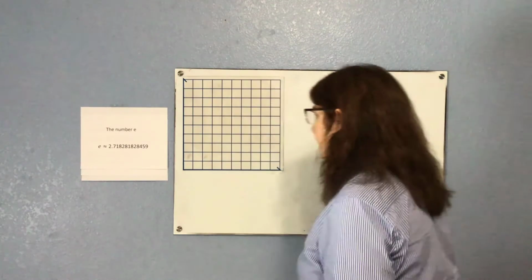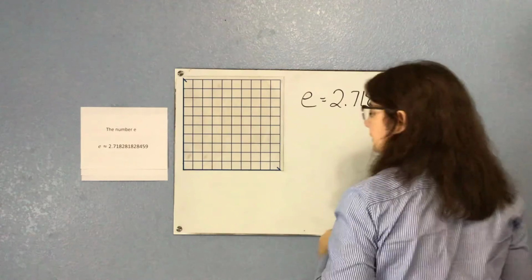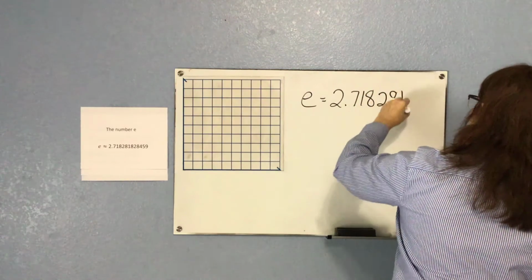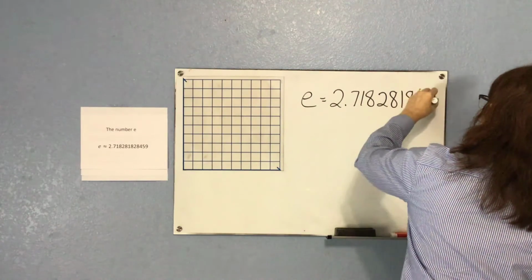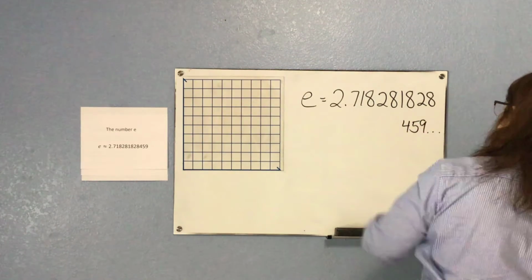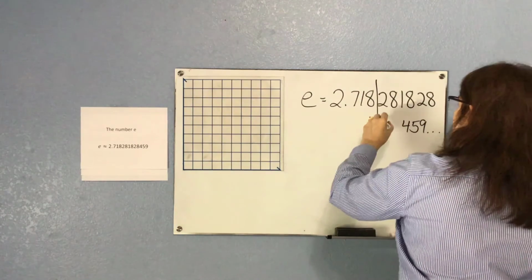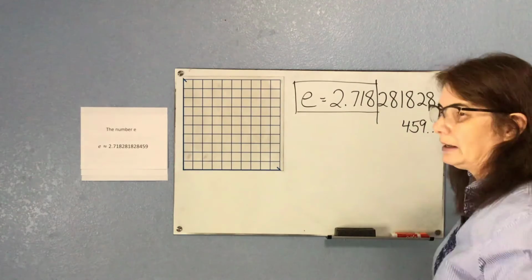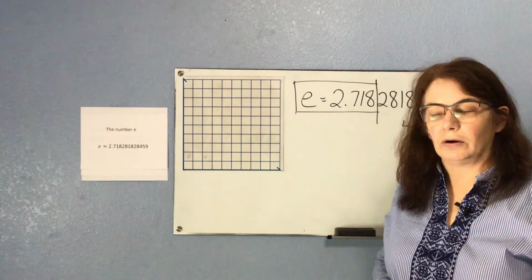And the value for e is 2.718 2818 28459, and so on. I would not expect you to remember any more than this for the number e. That's a good approximation.